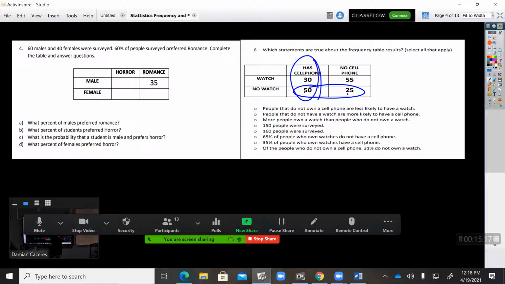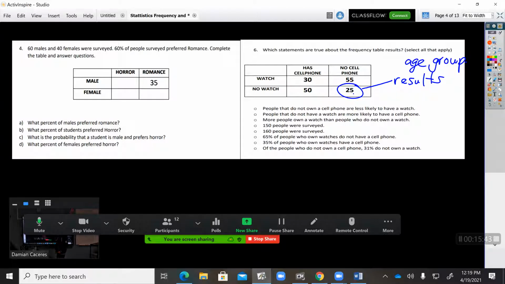You with me? Now, what age group was surveyed to get these 25 results? What age group was surveyed to get these 25 on that category?